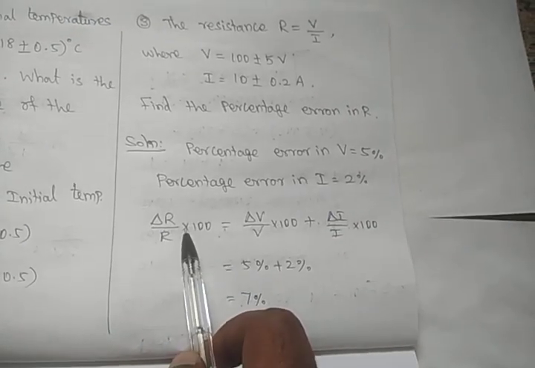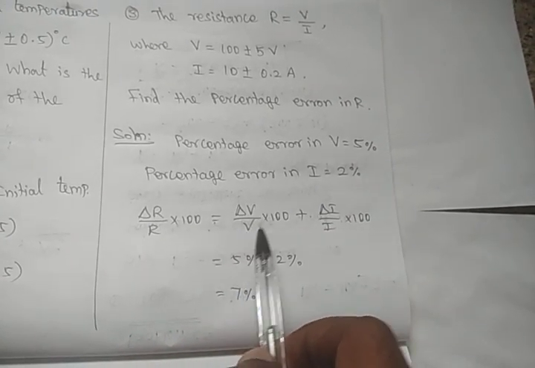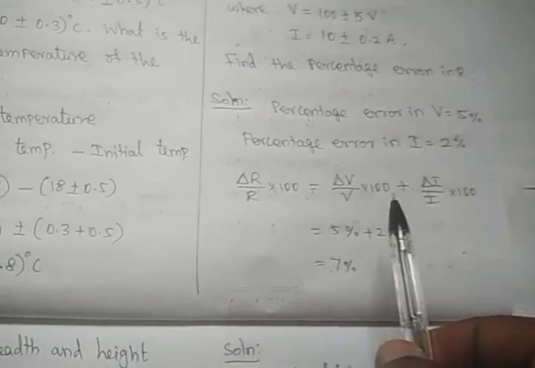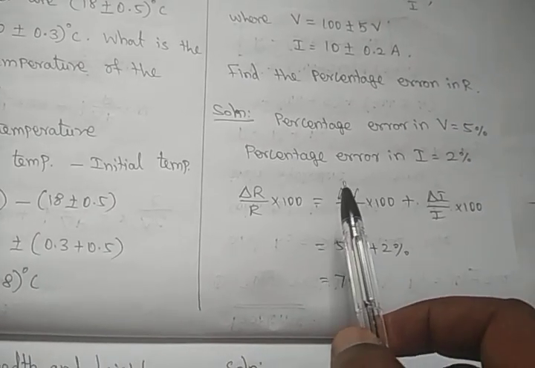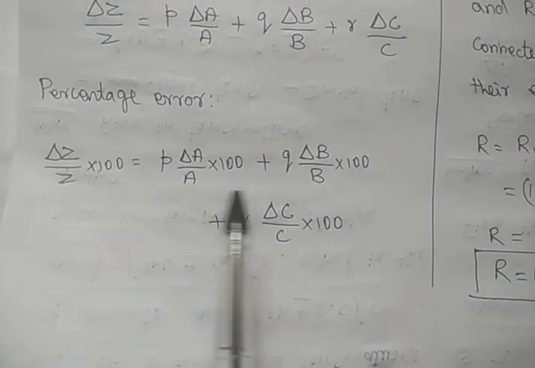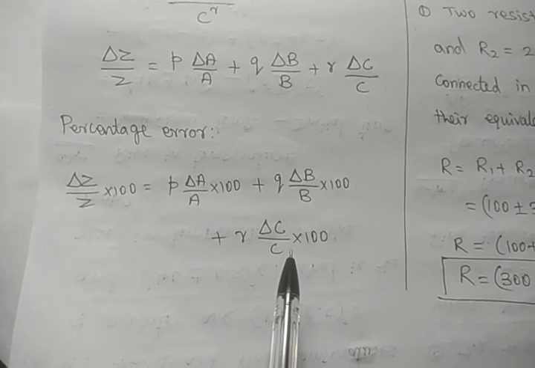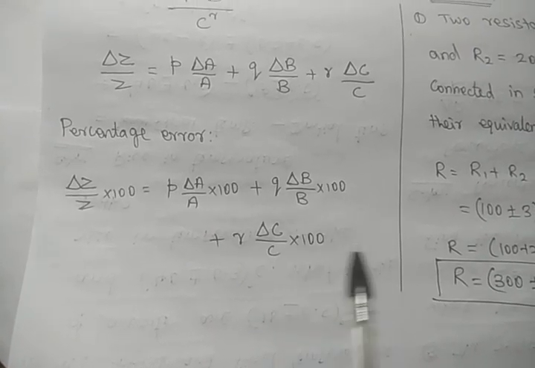Directly we put the formula: delta R by R into 100 is equal to delta V by V into 100 plus delta I by I into 100. This formula we have already seen in the session. For recalling, I will show the formula. This is the percentage error formula. The same formula we are using in the problem also.